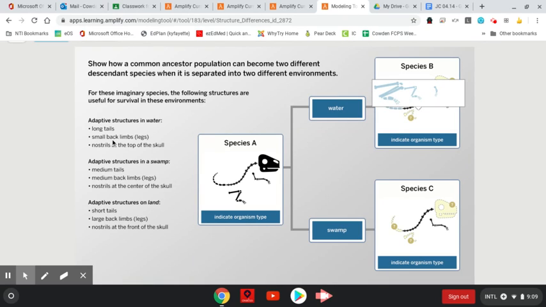I would look over here, and it says small back legs or limbs. Then I would do the same thing for the skull. It says that there are nostrils on the top of the skull, so I would pick the one with the nostrils on top of the skull. You want to do the same thing for your second choice of environment down here.